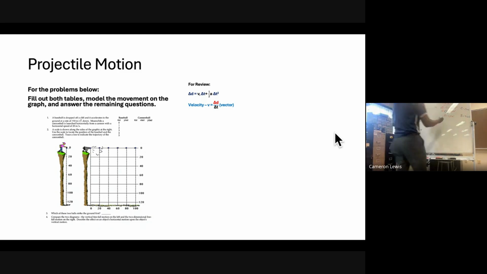So now I can substitute in 9.8. If I simplify this, what's half of 9.8?